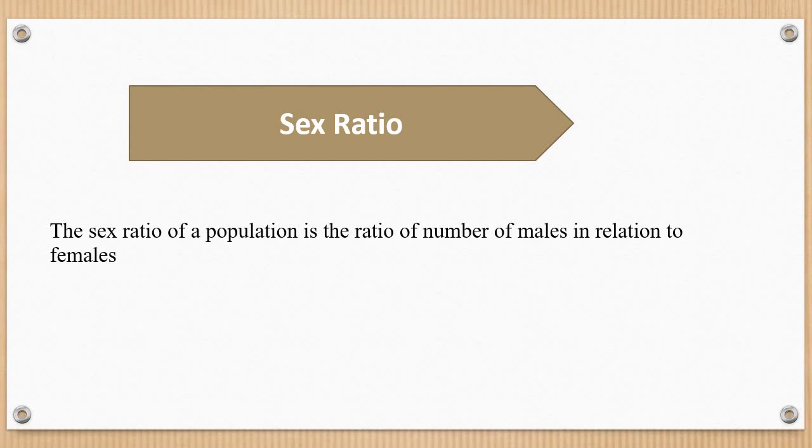So ultimately the population of males is a little more as compared to the population of women. In this way, the birth rate shows its impact on the sex ratio, right?